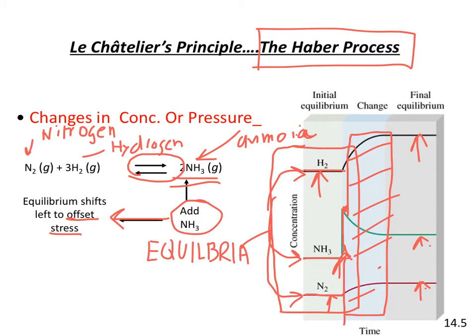Now, because we've added more ammonia, there's a new equilibrium established, and the new concentrations at equilibrium are going to be different than they were prior to the injection of the ammonia. So these are our new equilibrium concentrations.